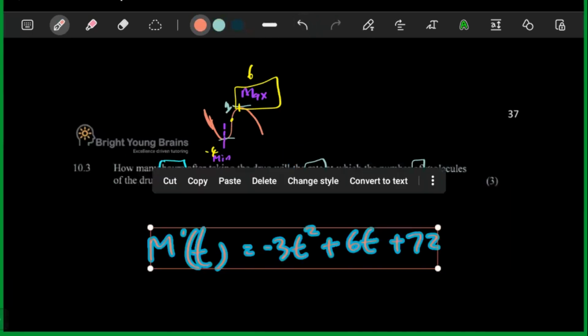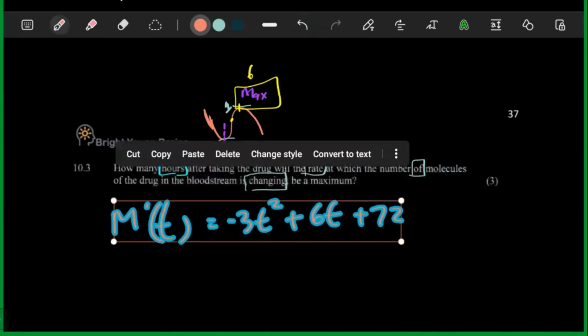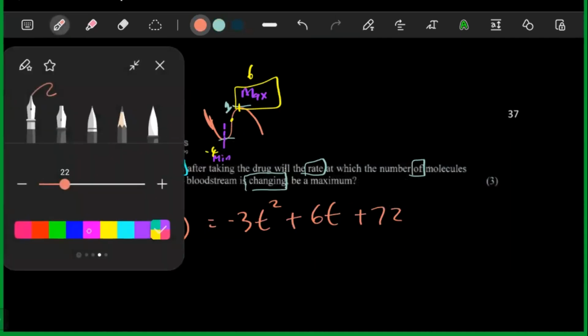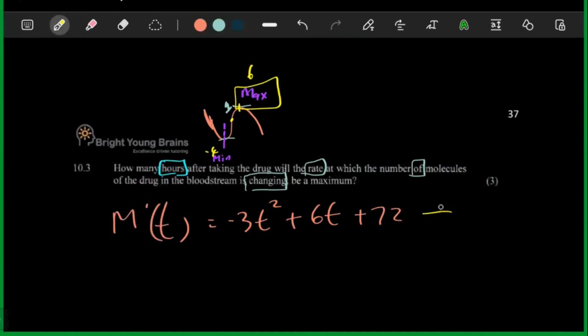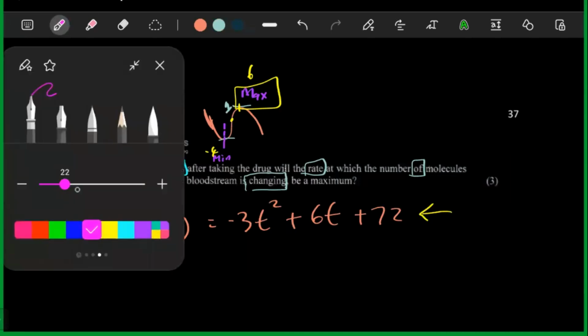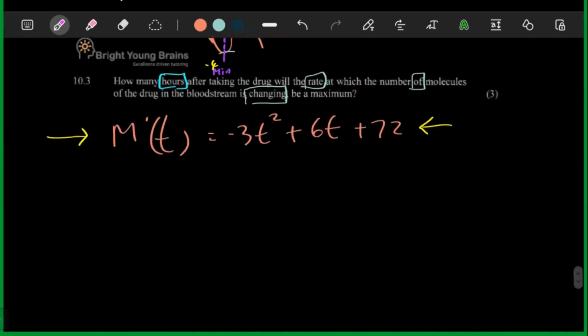However, if they are asking for where this rate of change equation is a maximum, anytime they ask for the maximum of a certain equation, you have to differentiate that equation first, and then you make it equal to 0.